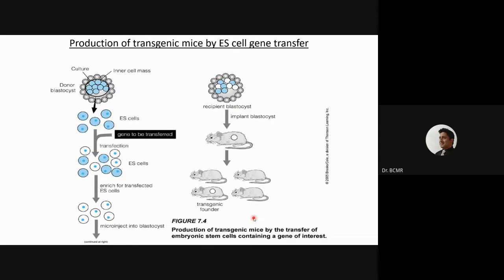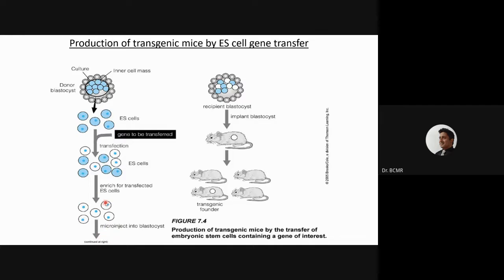If it were the engineered embryonic stem cell method, we would have taken the ICM and collected and cultured the embryonic stem cells. From there, we would have transferred the gene of interest, done positive selection and negative selection, and then we would have gotten the engineered embryonic stem cells. From here, we are required to develop a full organism.